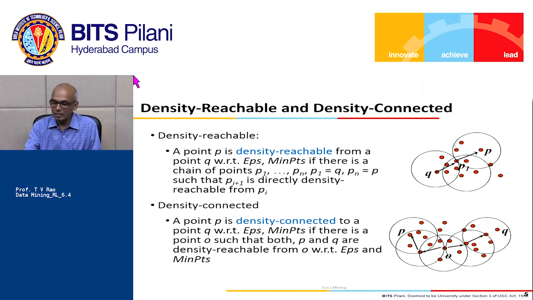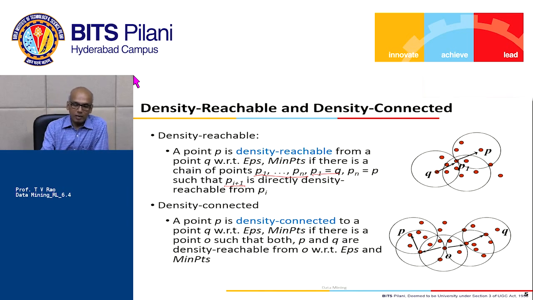For P1 we consider the same criteria, looking at the epsilon radius and min points, and through that we are able to reach P. So P is reachable from Q if we have a set of points P1 to Pn, with Q as the first point, such that Pi plus 1 is directly density reachable from Pi. In that case we reach that point through a set of points.